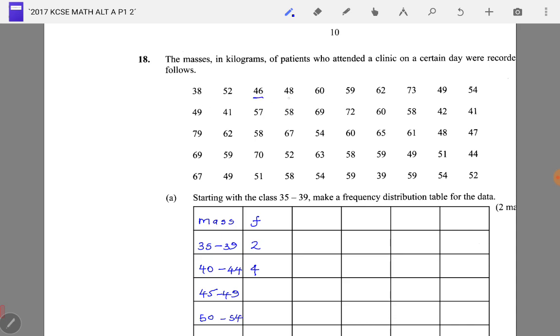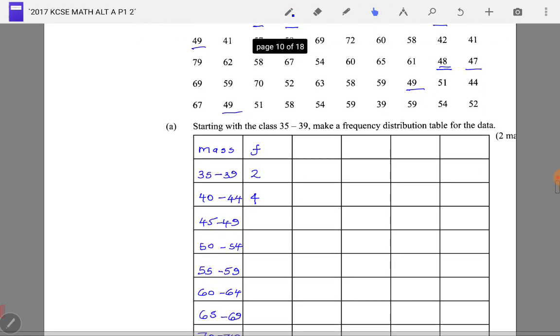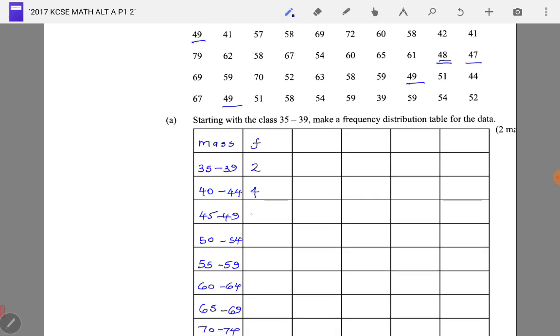We have 1, 2, 3, 4, 5, 6, 7, 8. So 45 to 49, we have 8 falling in that class. So frequency is 8.